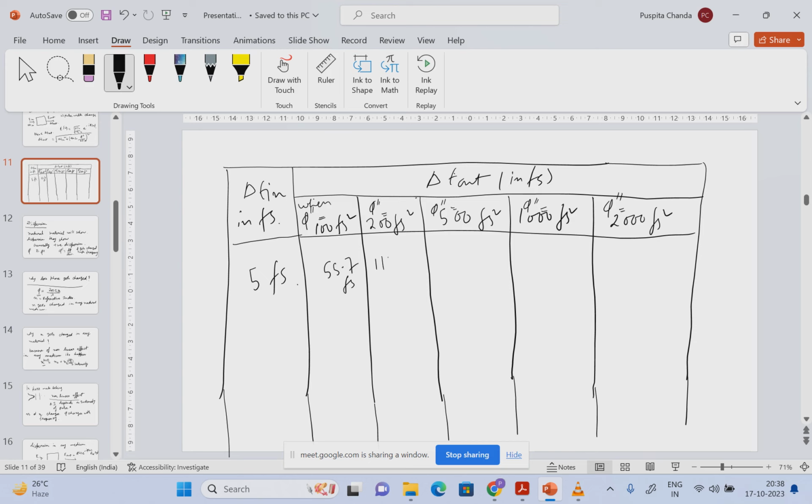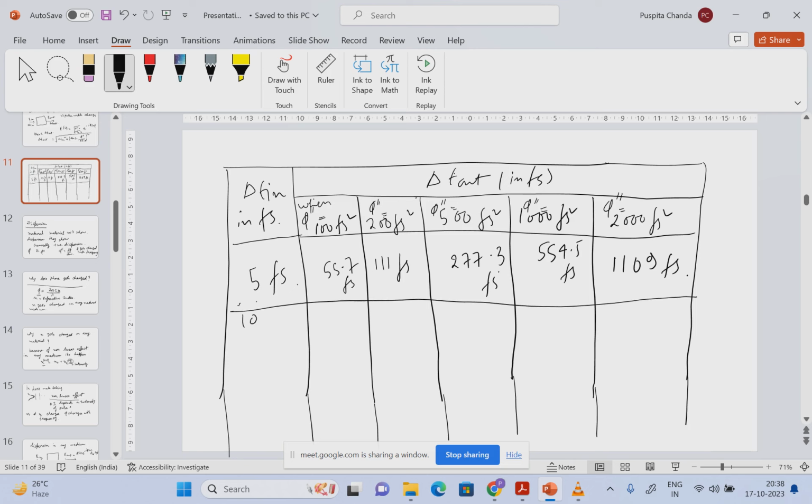It will be 1100 femtoseconds. With 500 femtosecond square GDD, it will be 277.3 femtoseconds. 1109 femtoseconds. See, when delta T in was a 5 femtosecond pulse width, it becomes 1000 femtoseconds if there is a group delay dispersion.